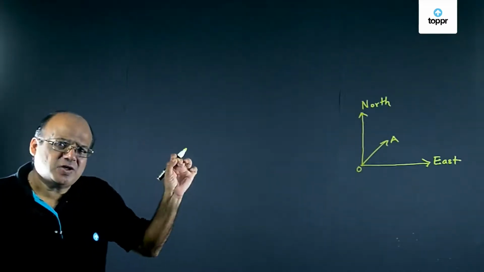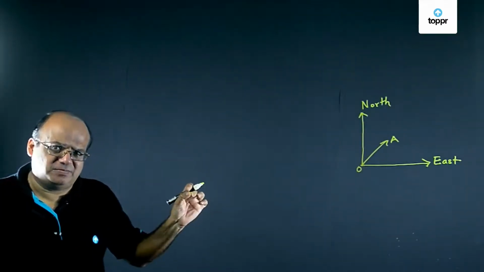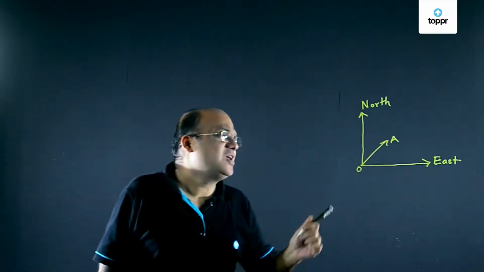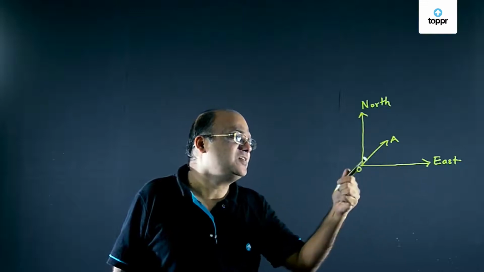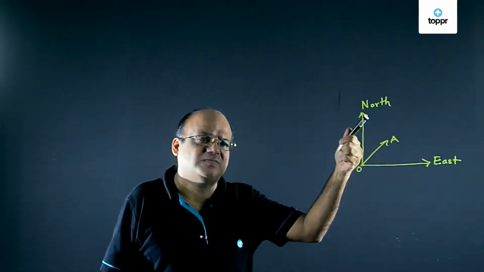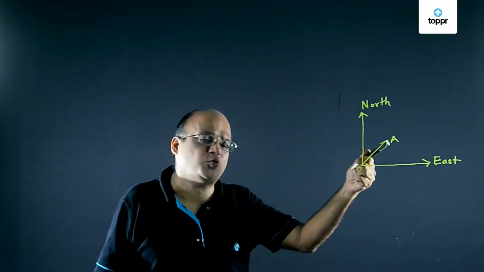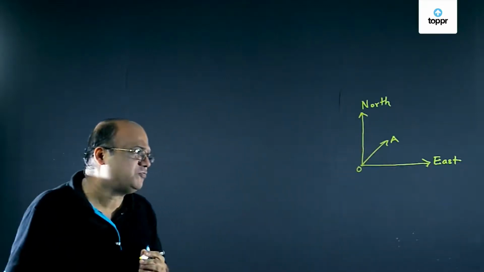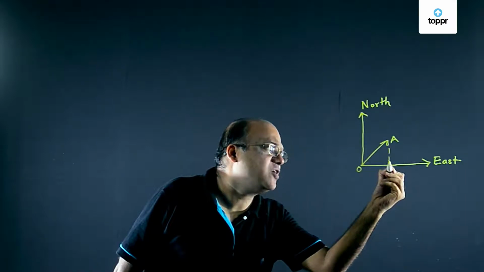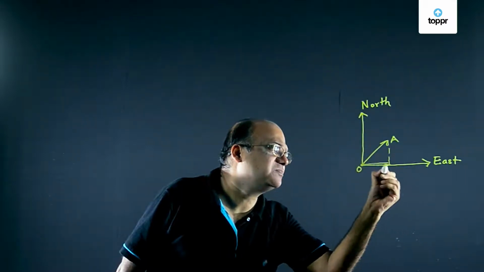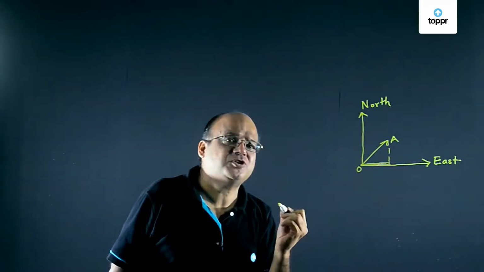Now we learn components of a vector. Suppose you have moved from O to A. This is east direction, this is north direction. So by going from O to A, how much east have you moved? We'll drop a perpendicular from here and you have moved this much east. And how much north have you moved?